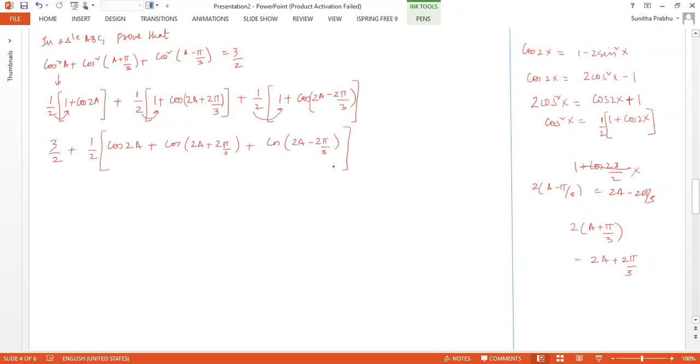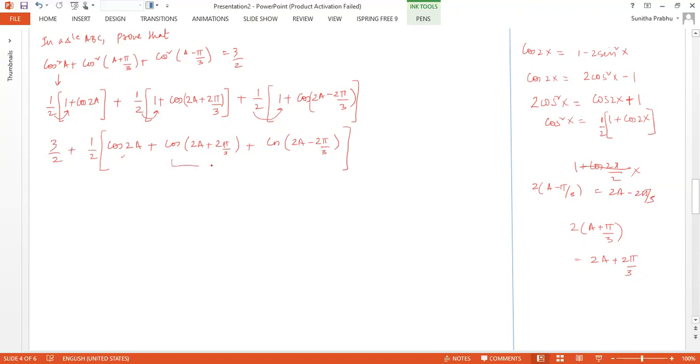All right. So here everything has to become 3 by 2, right? So what to do next? We leave this one alone, because these are in the form of cos 2a plus 2 pi by 3 and cos 2a minus 2 pi by 3.